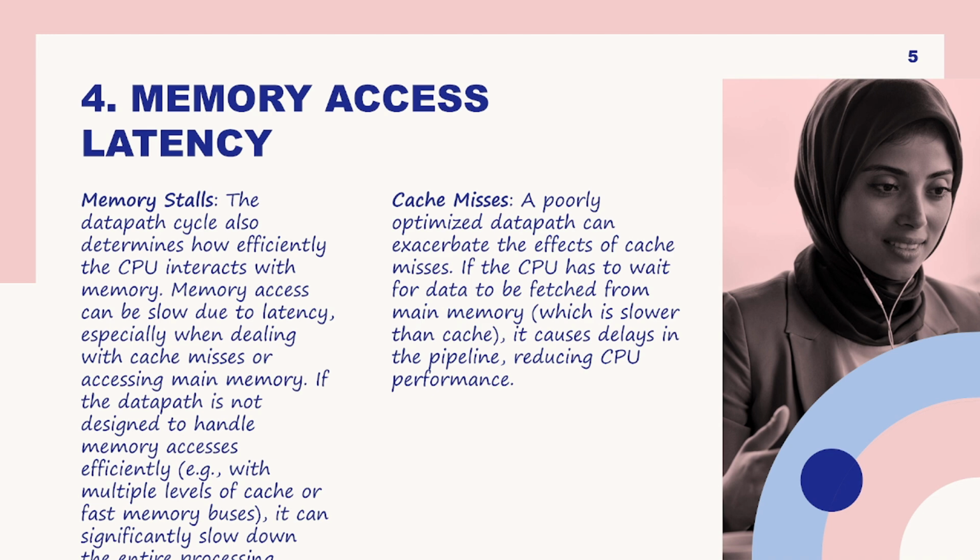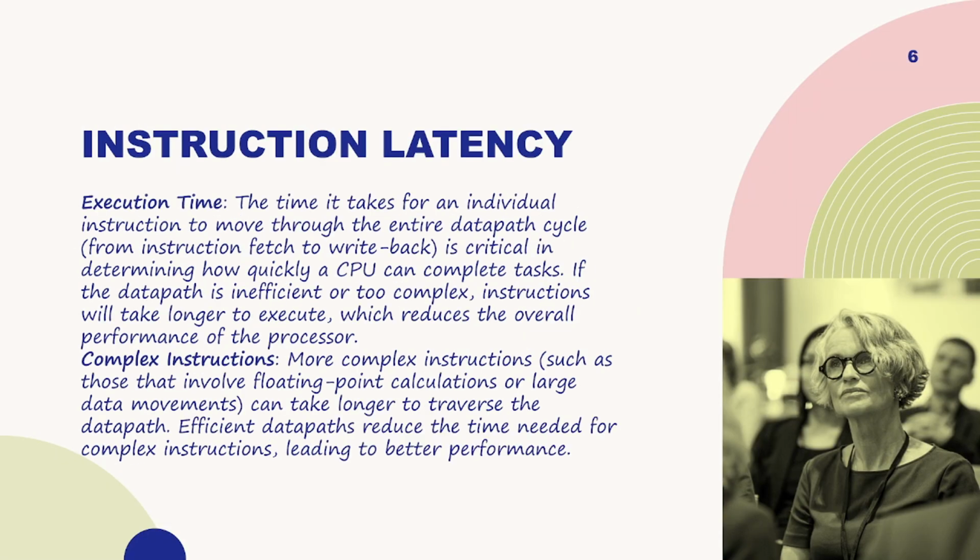So the next point is also instruction latency. Execution time is basically the time it takes for an individual instruction to move through the entire data path cycle, from instruction fetch to write back. It is critical in determining how quickly a CPU can complete a task if the data path is inefficient or too complex.